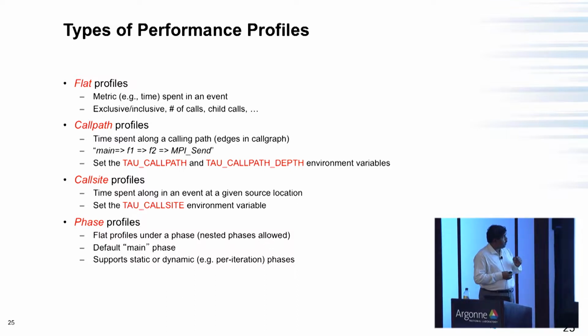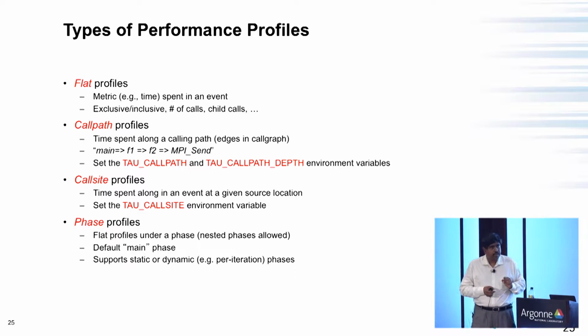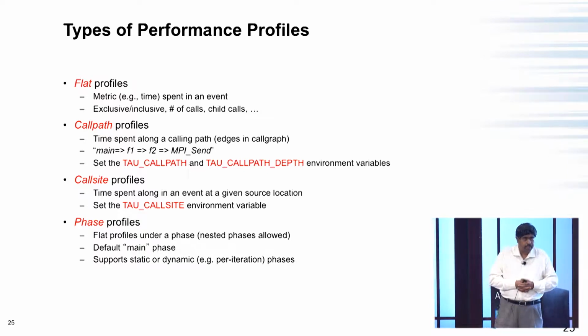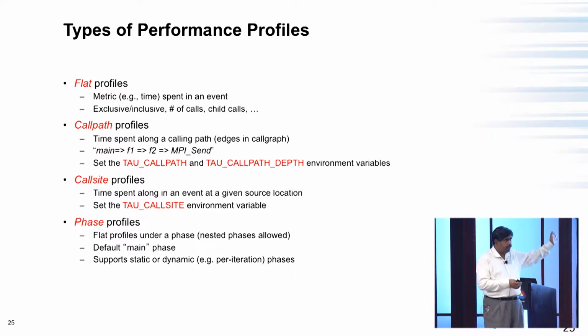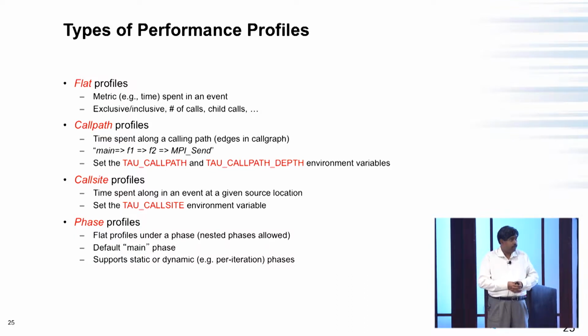Call site profile is different from call path profile. The key difference is, if I run an application, and similar to what I just saw earlier, it says MPI barrier accounted for 80% of the total time in the application.